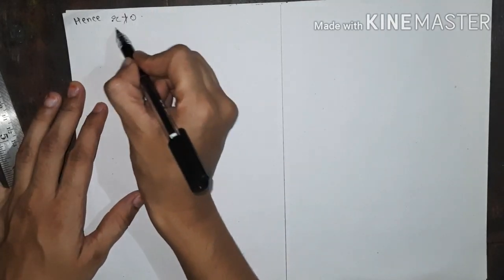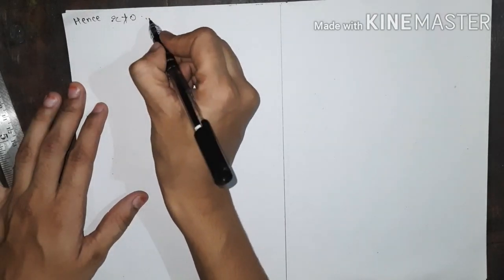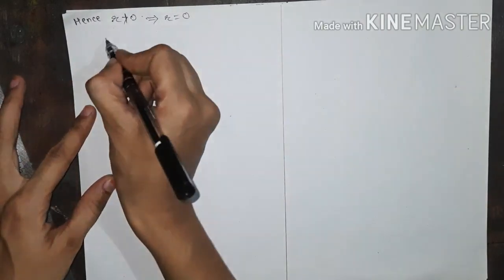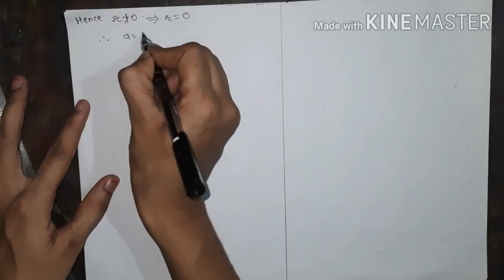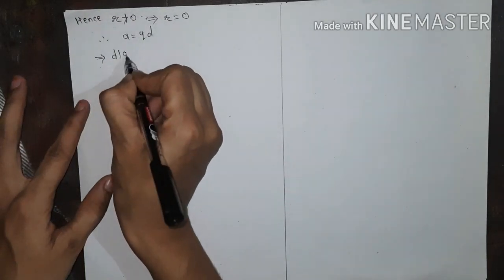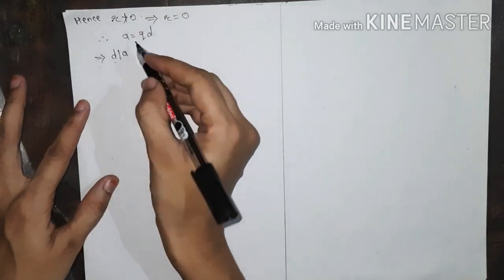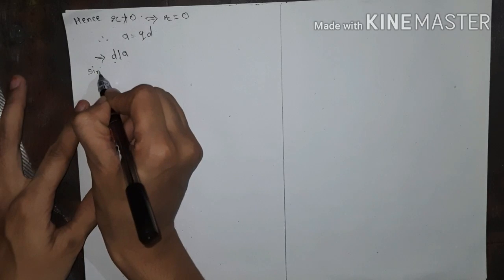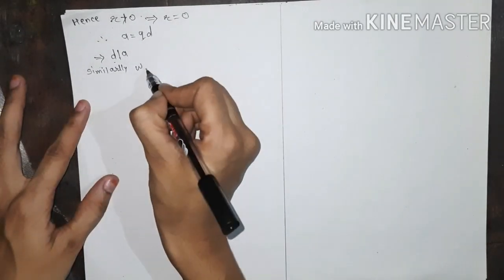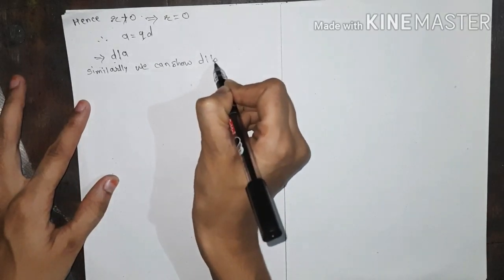Okay, r greater than 0 is not true. So we are taking r not greater than 0. This implies r is equal to 0. And therefore, a is written as q into d. This implies d divides a because q is an integer. So d divides a. Similarly, we can show d divides b.